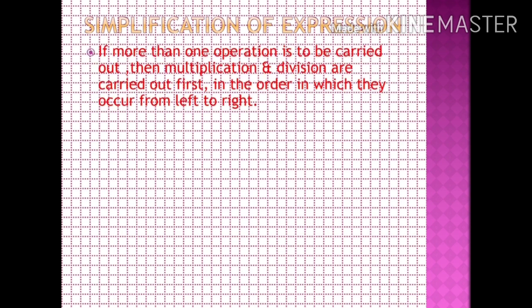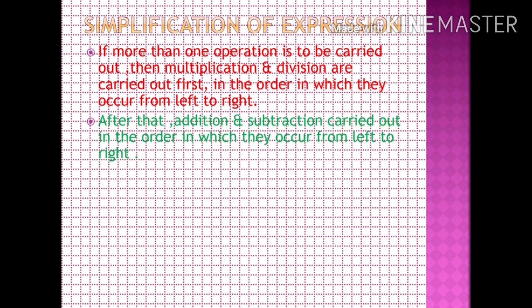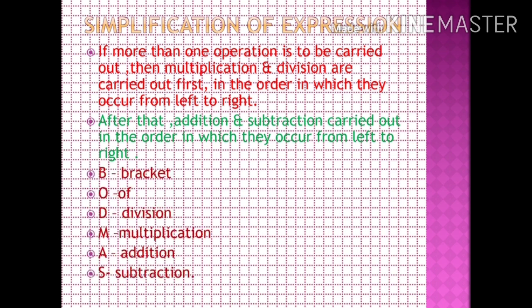Simplification of expression. If more than one operation is to be carried out, then multiplication and division are carried out first, in the order in which they occur from left to right. After that, addition and subtraction are carried out in the order in which they occur from left to right. The third point is BODMAS.